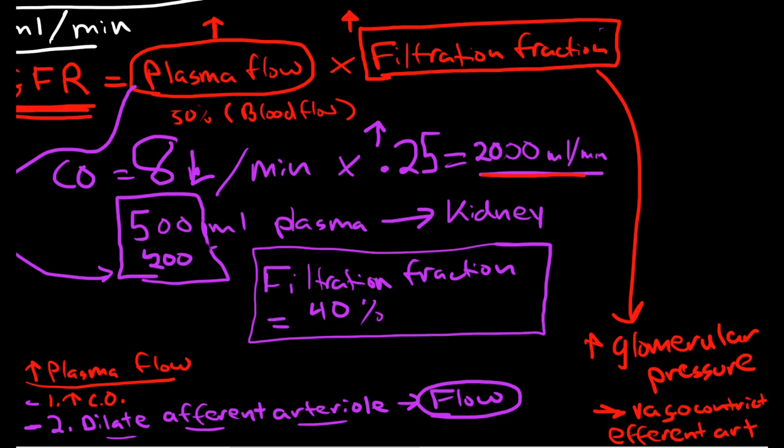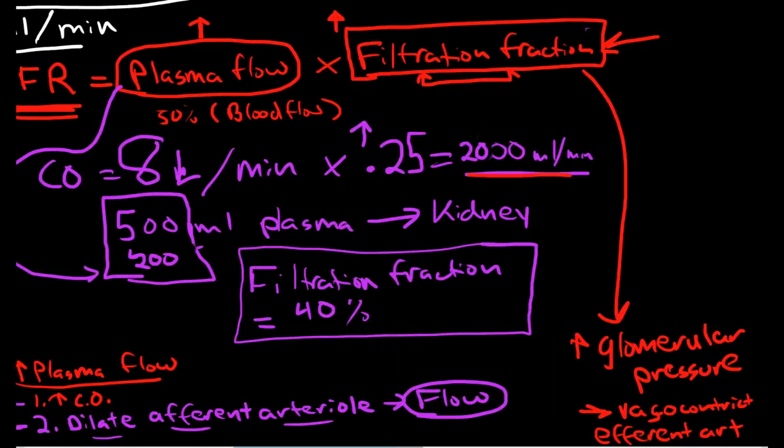Okay. Now there's some other factors that can change the filtration fraction, but this is the easiest way for the body to make a significant change. Now, obviously, you're going to change the filtration fraction by changing the relationship of pressures between the glomerular capillary and the pressure in the Bowman's capsule. And obviously, hydrostatic pressure, the pressure from the arterioles, is going to have a significant difference.